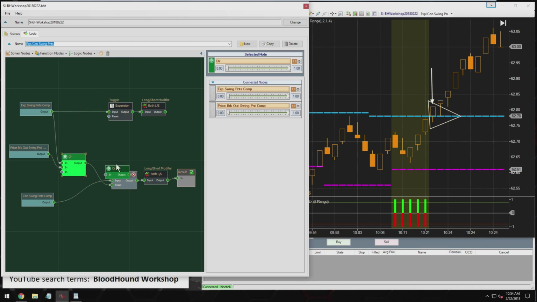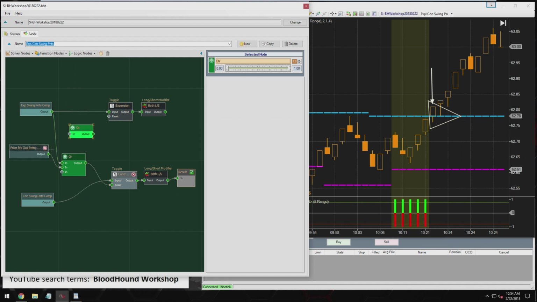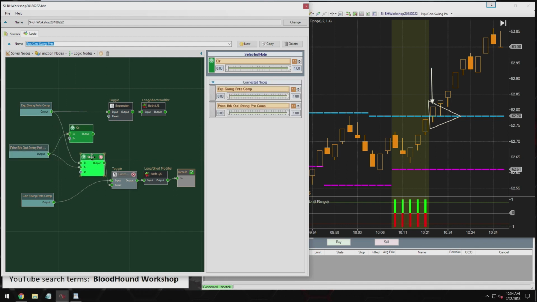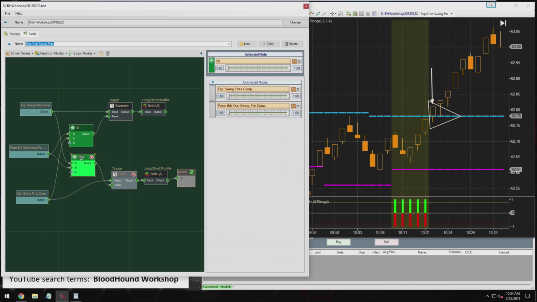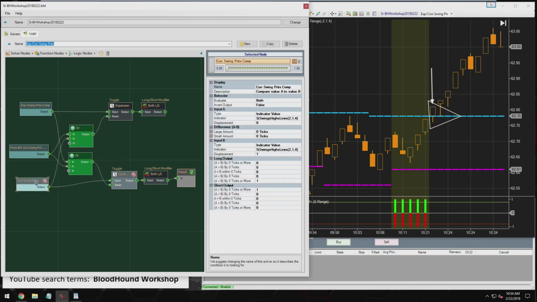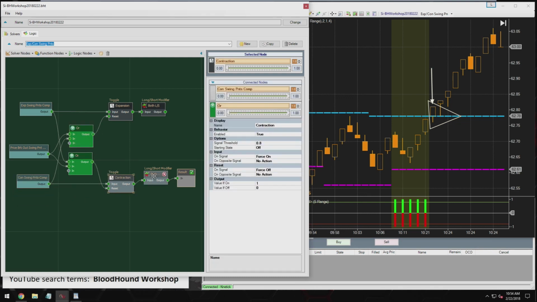Let's grab another OR node. So I need to connect this one into it, connect this lower one into it, and connect that into that. There we go. And yeah, okay, that looks clean.